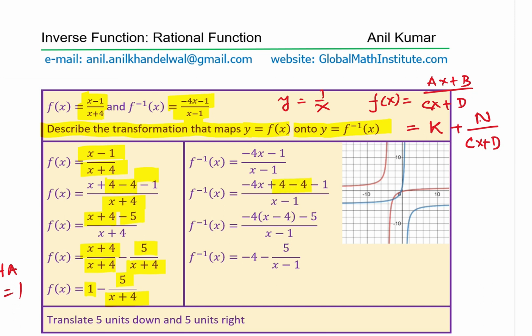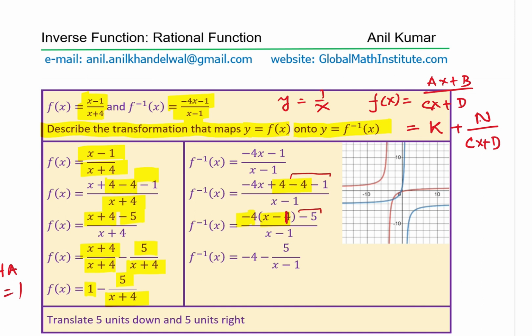So again, I added and subtracted 4. Taking 4 common between the first two terms, we get x minus 1. So x minus 1 is what we get. And here, combining these two terms, we get minus 5.